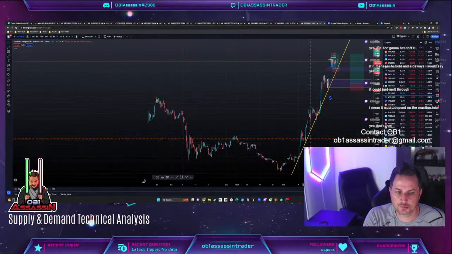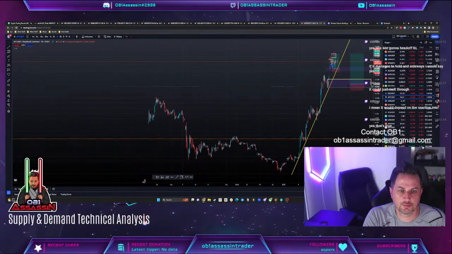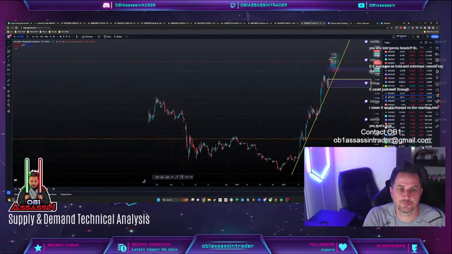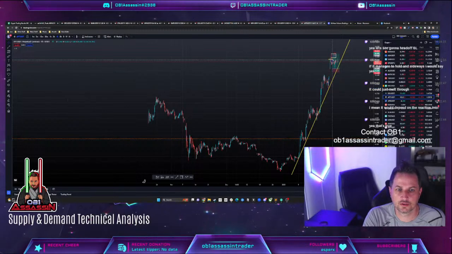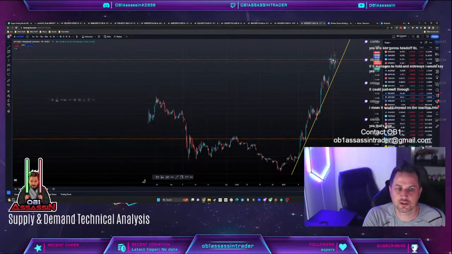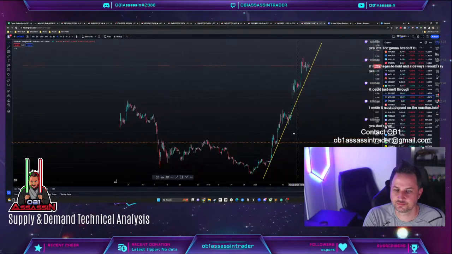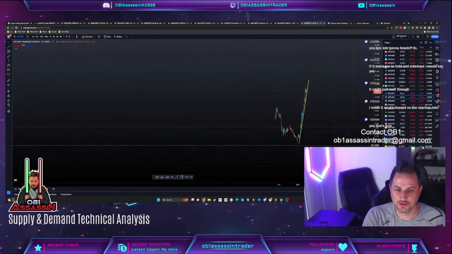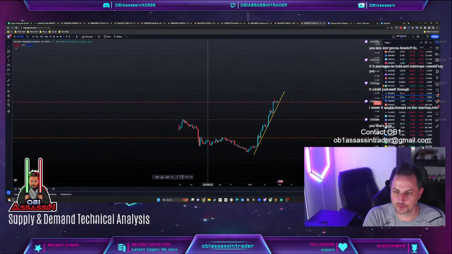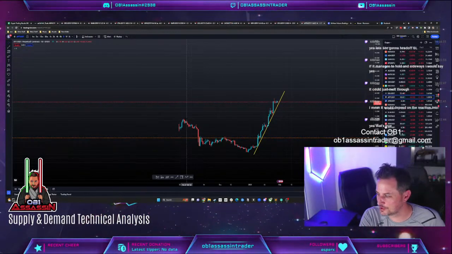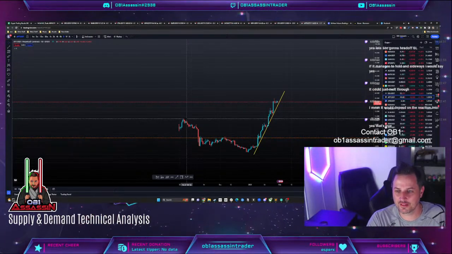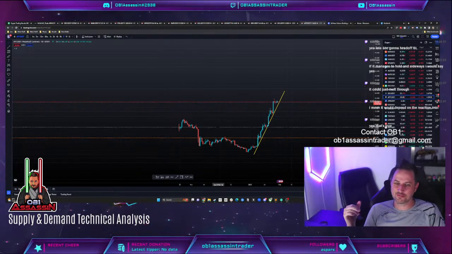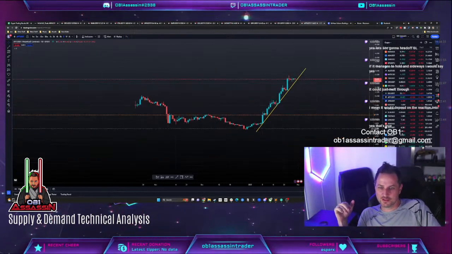Just gonna clean this up. I'm gonna leave the trend line in there because that hasn't changed. APT kicking goals. I mean, we're in a bullish structure on APT. There is no doubting that, and there's no structure to the left here for me to really even pull into this trade.